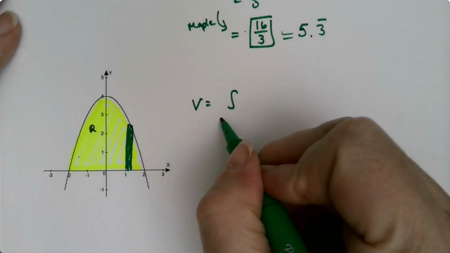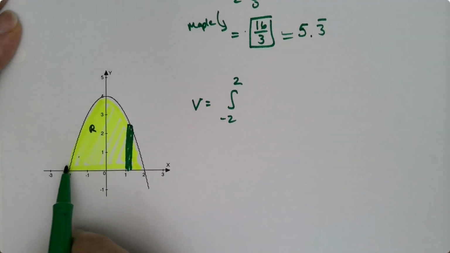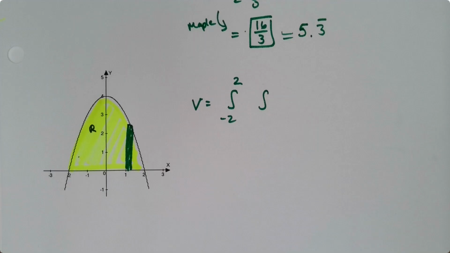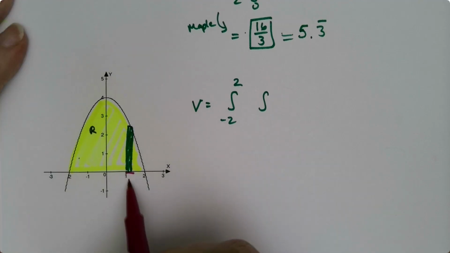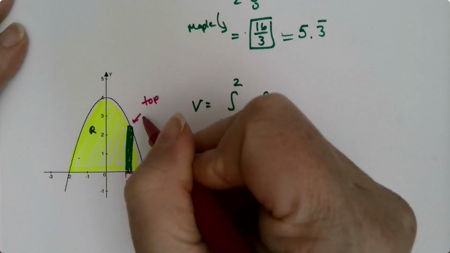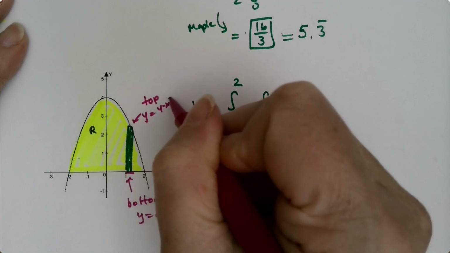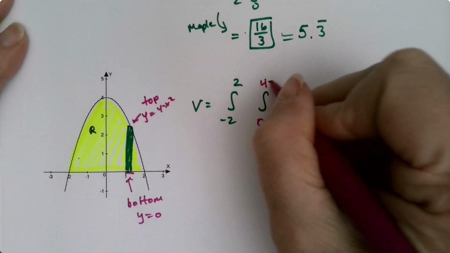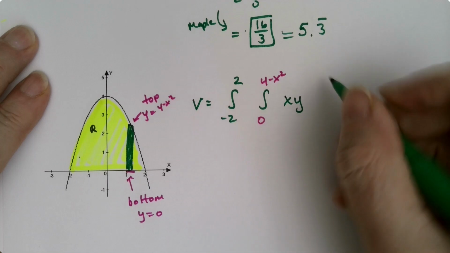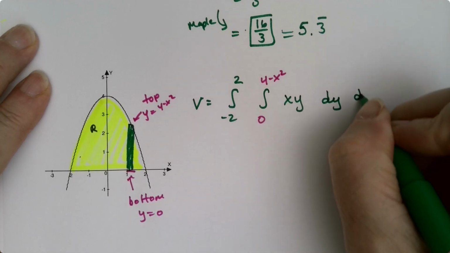Instead of from just 0 to 2, I'm going to go from all the way on the left to all the way on the right. And then the integral still is from bottom, right? The bottom is y equals 0 to the top, which is y equals 4 minus x squared. So I'm still going to go from 0 to 4 minus x squared here. And then it's xy, and then it's dy dx.